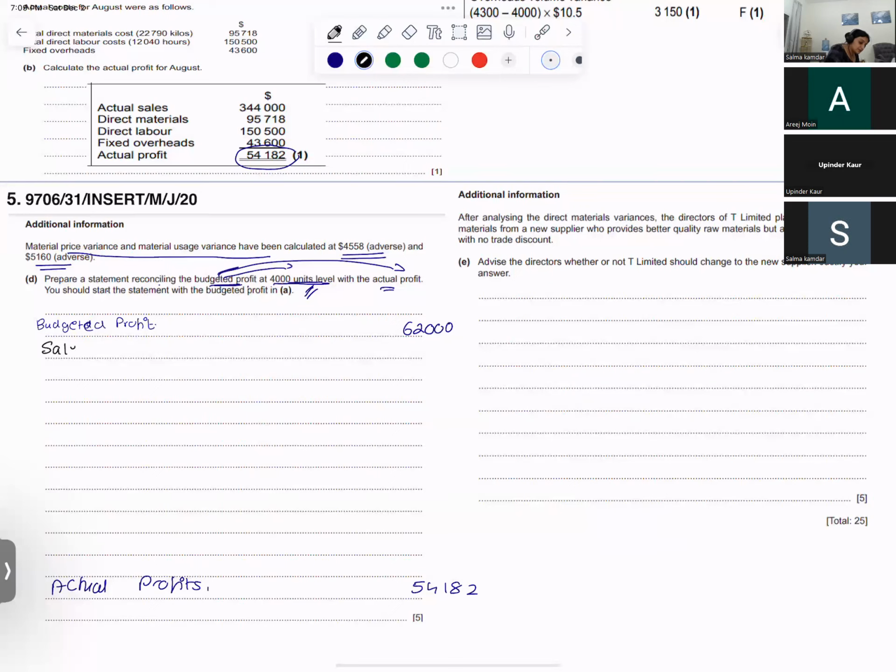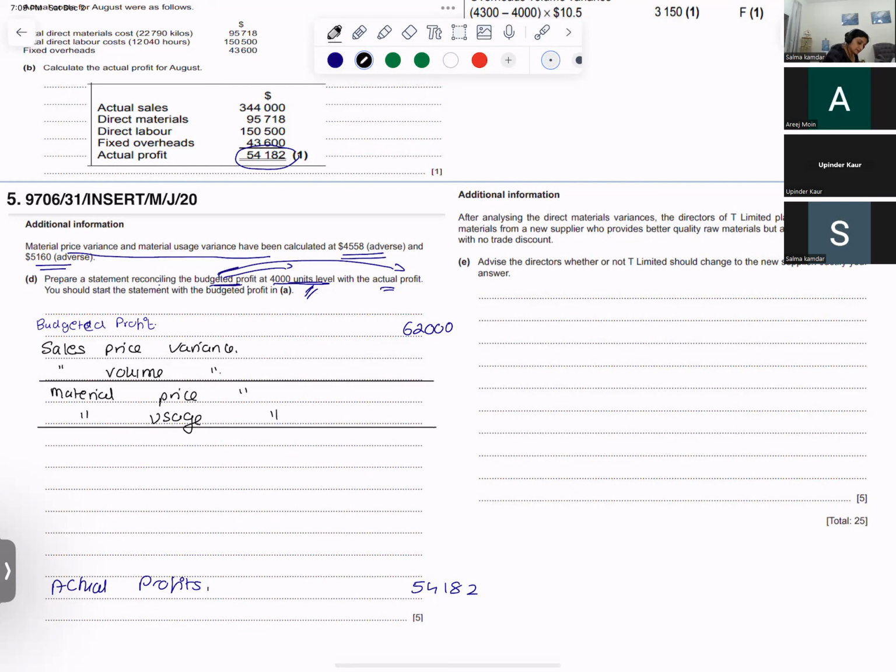Sales price variance, please write along with me. Then sales volume. Then material price, material usage. Labor rate, labor efficiency. Overheads, expenditure, and volume.